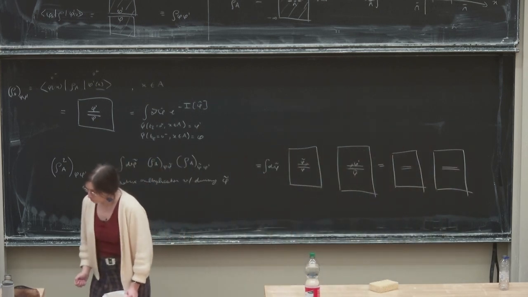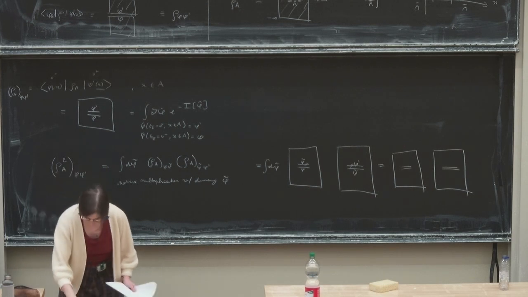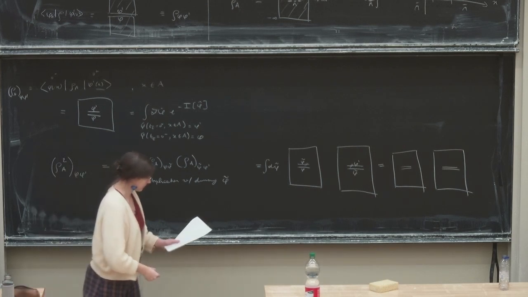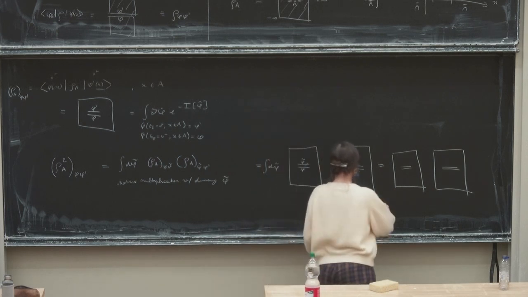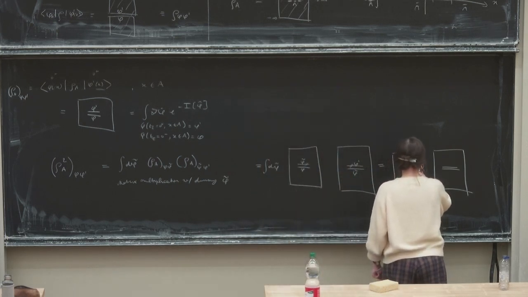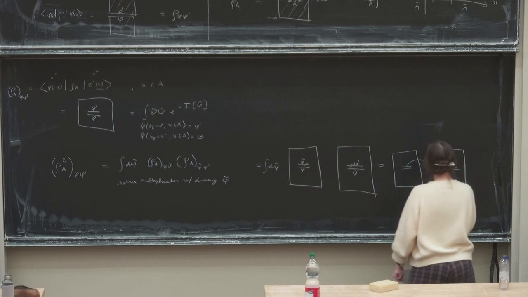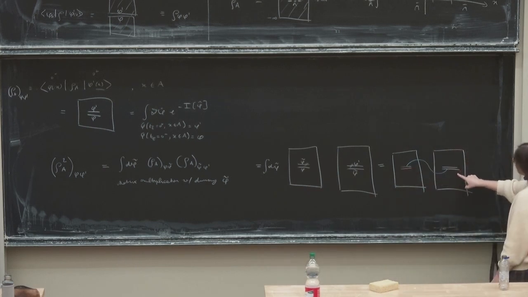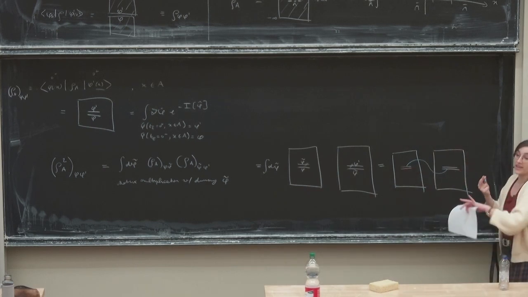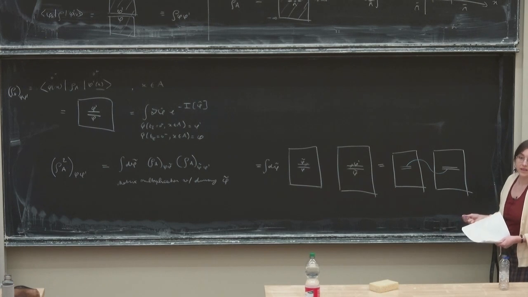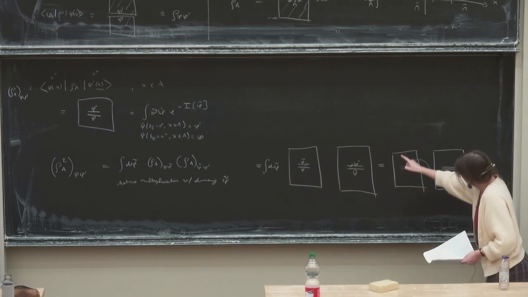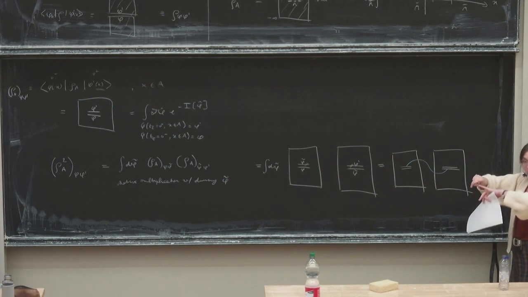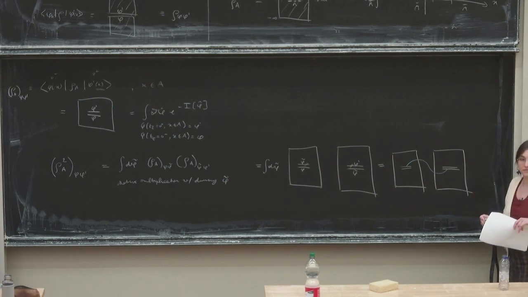The best I can do on the board is use a color to tell you that this top line and this bottom line are connected. They are the same. You're gluing this copy to this copy along that line.